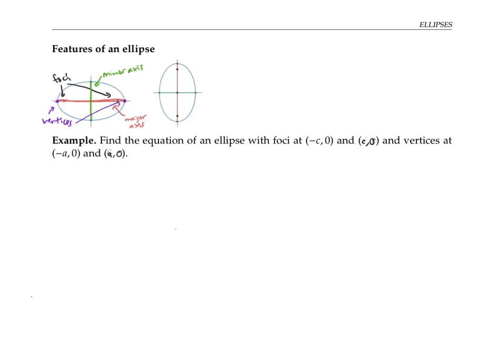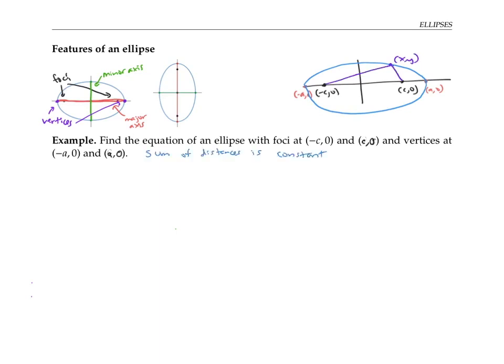Let's find the equation of an ellipse whose foci are at (−c, 0) and (c, 0), and whose vertices are at (−a, 0) and (a, 0). This will be an ellipse that's elongated in the horizontal direction. For any point (x, y) on the ellipse, the sum of the distance from (x, y) to the first focus plus the distance to the second focus has to be some constant.